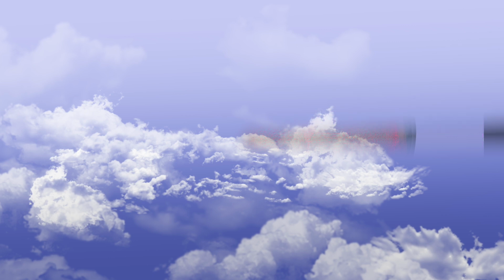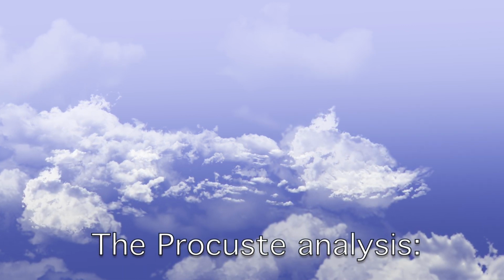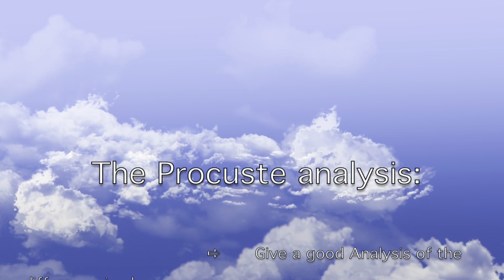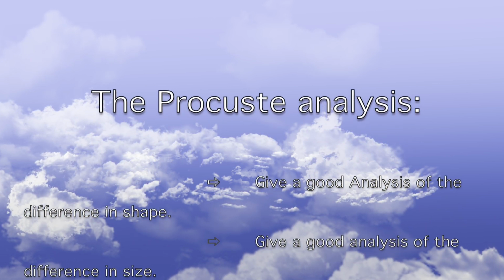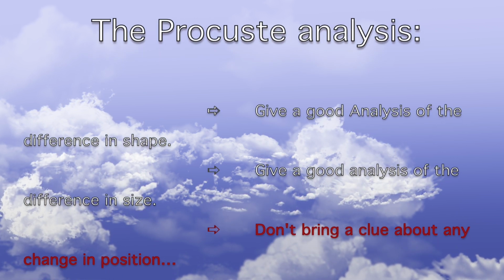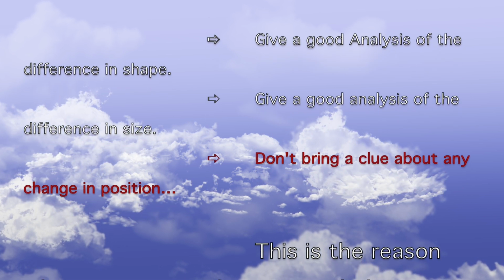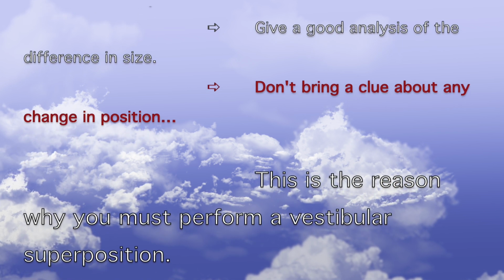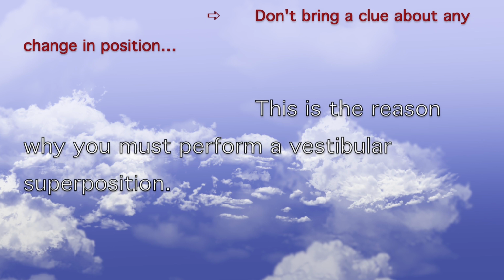So the Procrustes analysis is a very nice technique, and it gives you a good analysis of the difference in shape and in size, but it doesn't give a clue about any change in the position of the parts of the craniofacial skeleton. This is the reason why you must perform a vestibular superposition.